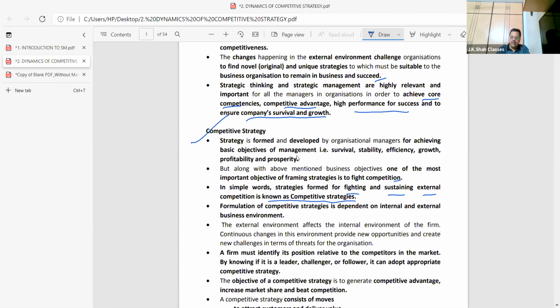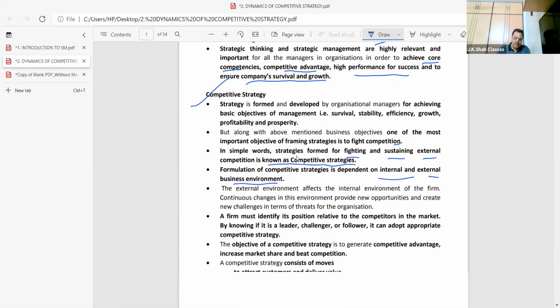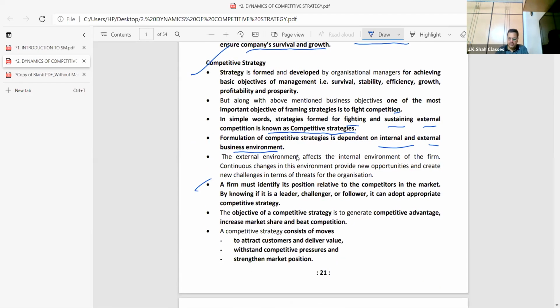Formulation of competitive strategy depends on internal and external business environment. Now, another point that you need to know is this part. See, pay attention, madam.